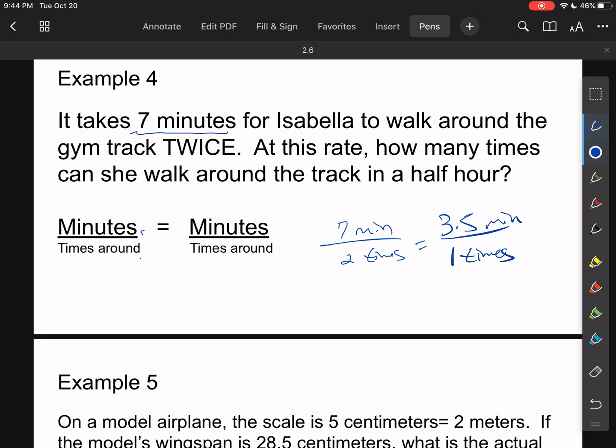So it says, how many times can she walk around the track in a half an hour? Okay, so if I'm going 1 time around every 3.5 minutes, what I can do is take that 30 minutes and divide it out by 3.5, right? So I take 30 divided by 3.5, and that will tell me approximately how many times Isabella can walk around that track in a half an hour.